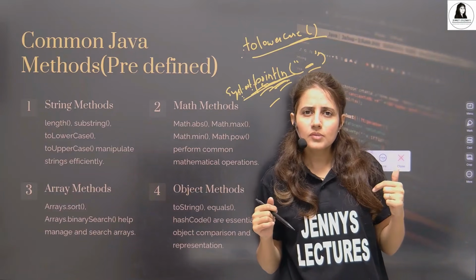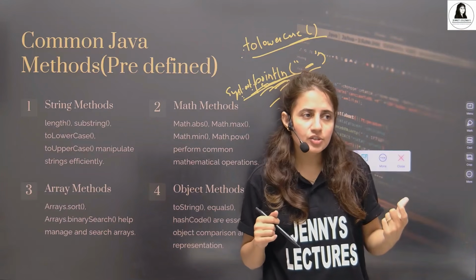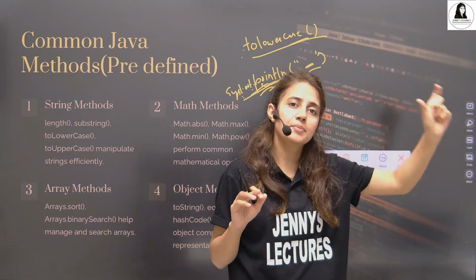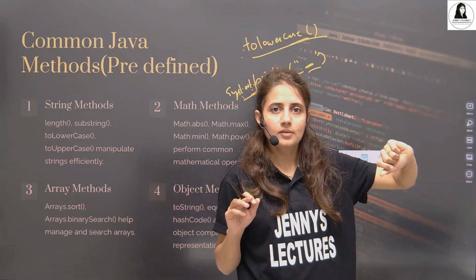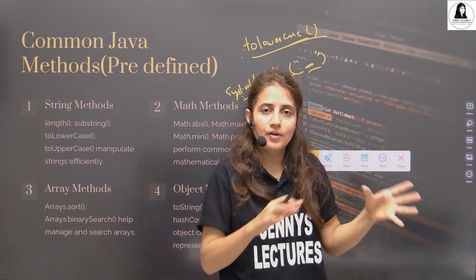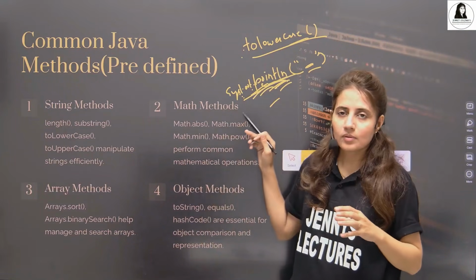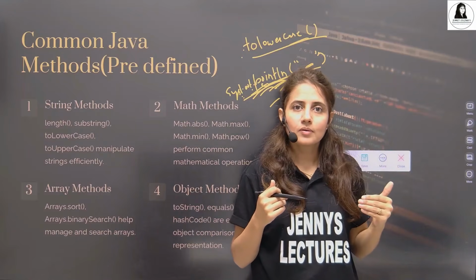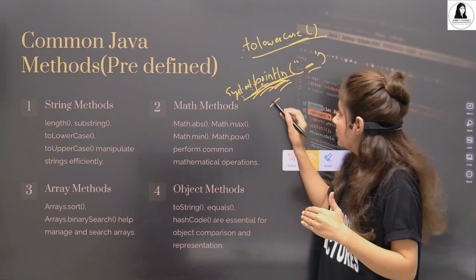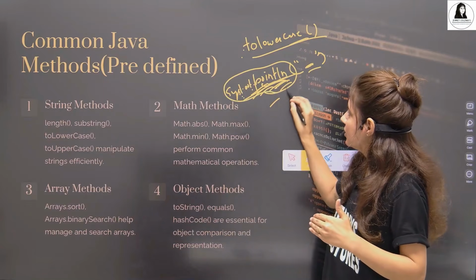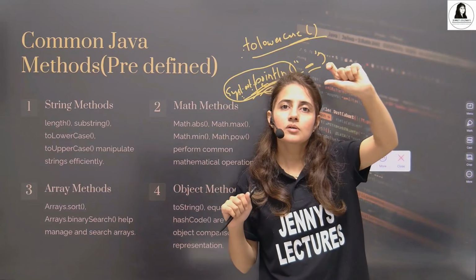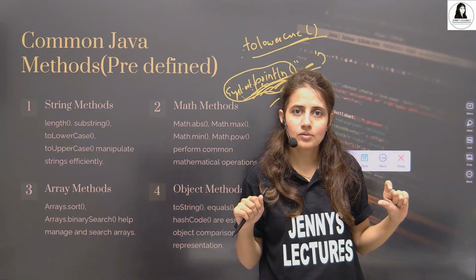The definition of println has already been defined somewhere in those libraries by the makers of Java, the designers of Java. And when we use this in a program, the definition of this method is in the java.lang package, right?